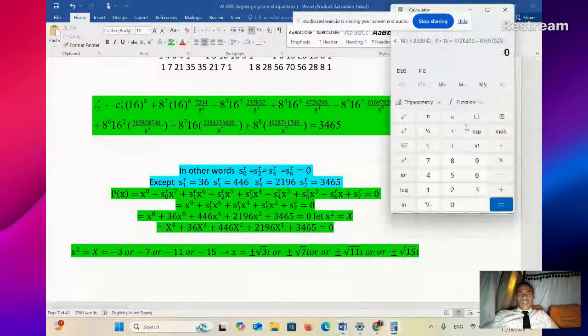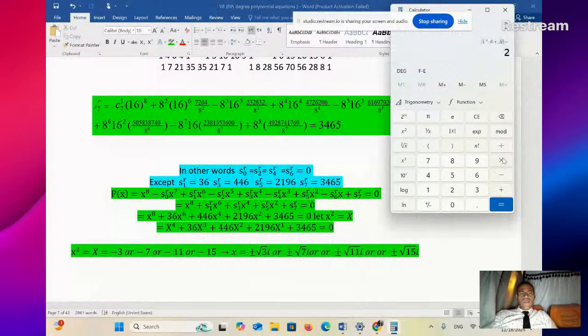We told that negative, I'll start with negative 3. I will substitute negative 3 in the fourth degree polynomial equation obtained from the eighth degree polynomial equation, by putting x squared equal capital X. Therefore, I'm going to write here 3 raised to the power 4, which is a positive number, so no need to put it in parentheses. I'll just write 3 to the power 4, then plus 36 times the cube of negative 3, which is negative 27.